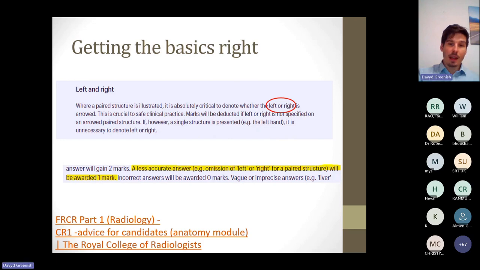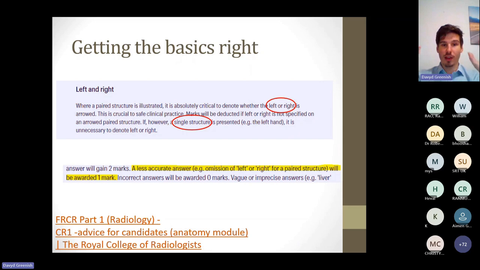If there is only one structure on the screen, for example a single hand, and they haven't written left or right anywhere, then don't stress, because you don't need to denote left or right. If it says left on the screen there's no harm in writing it, but you don't have to.